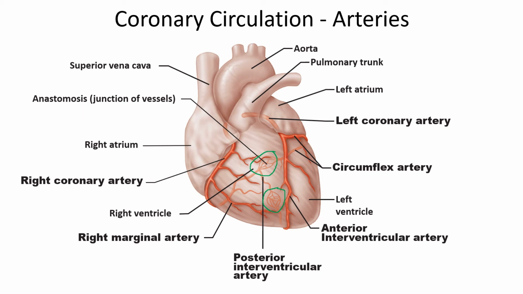So let's imagine a scenario where maybe we have a blockage within a branch of the right coronary artery. So let's say that we have a blockage here. We have a thrombosis that has come loose and formed an embolus, and then settled down here to form an embolism and blocked blood flow through that fine channel.